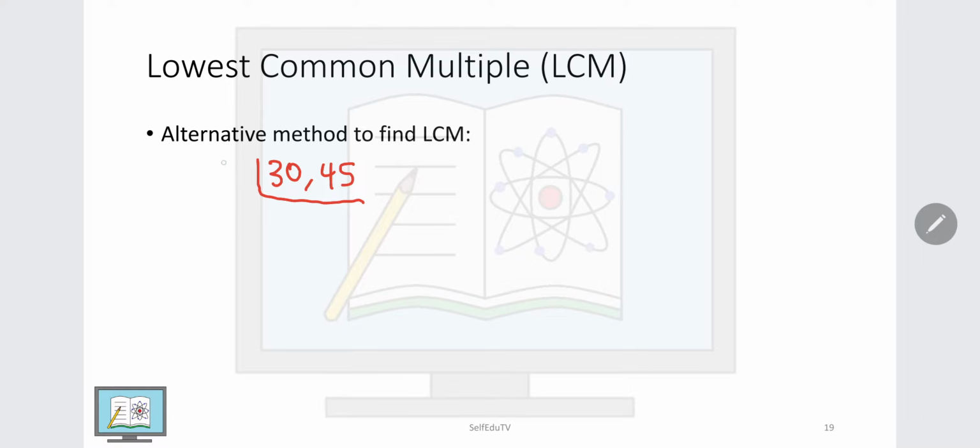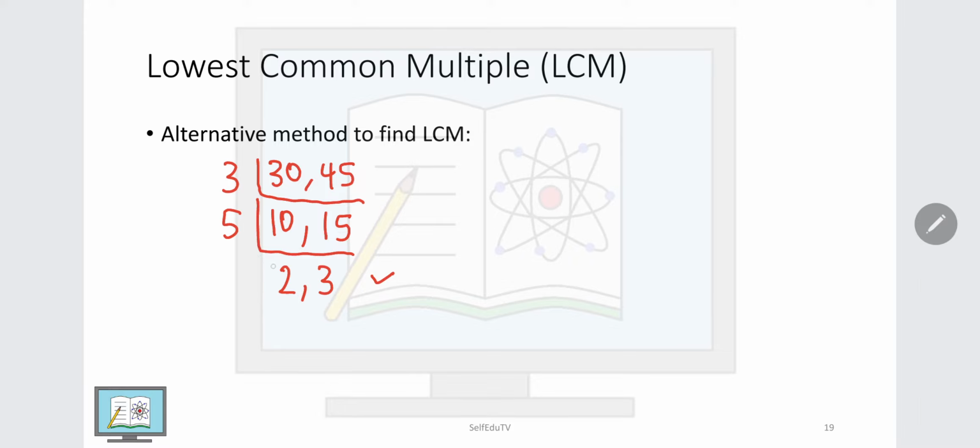So 3. 30 and 45 are divisible by 3. 10 and 15 are divisible by 5. For HCF, we stop here. But for LCM, we proceed. We continue the division.